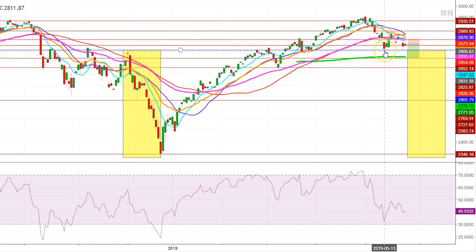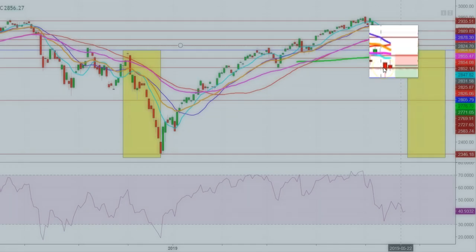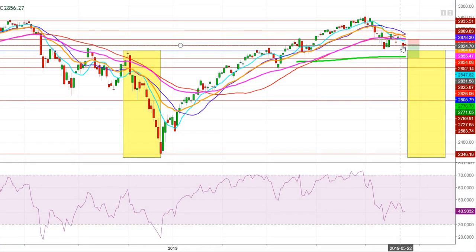due to the unresolved tariff trade war for a long time, and now here you can see that a gap in the daily chart means a lot for S&P 500, where I find that a move below the levels of 2828 will encourage more bears to go short from these levels.